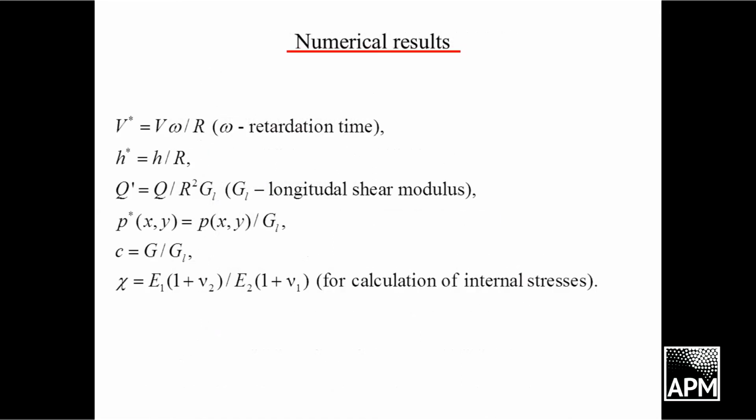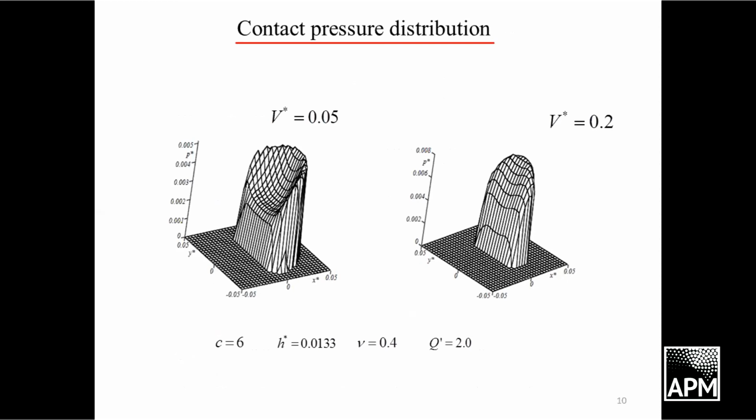Here are numerical results, non-dimensional parameters, which we use for calculations. And here is the dependence of contact pressures on velocity. And it was obtained for different values of the friction coefficient.